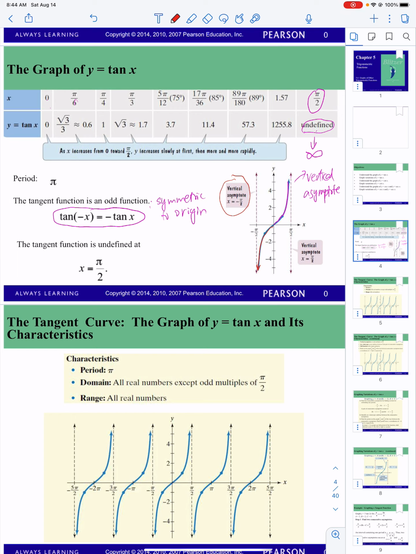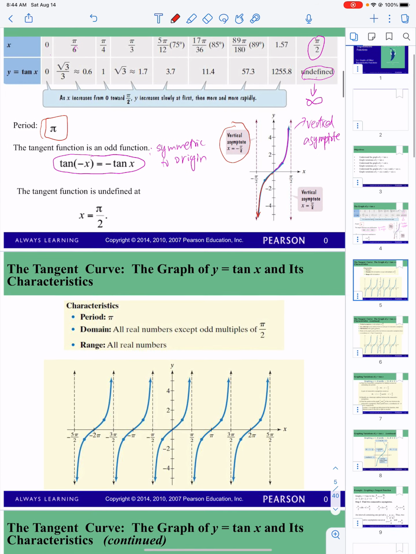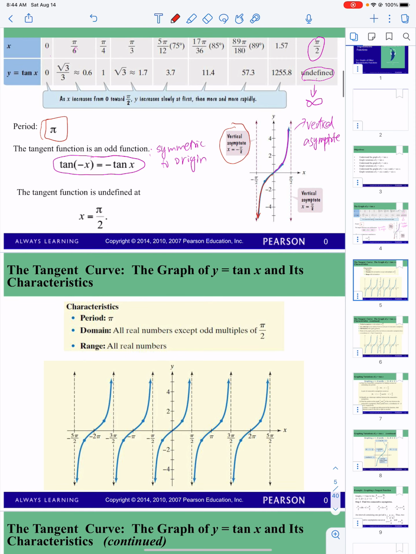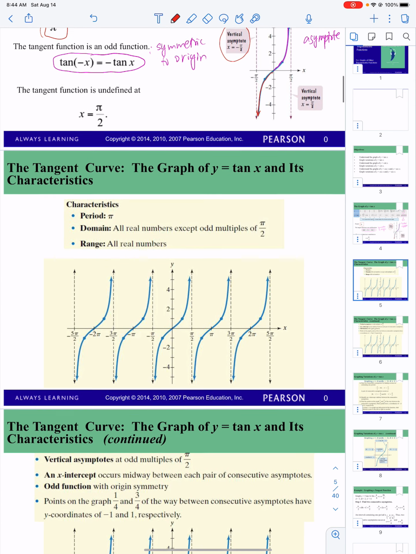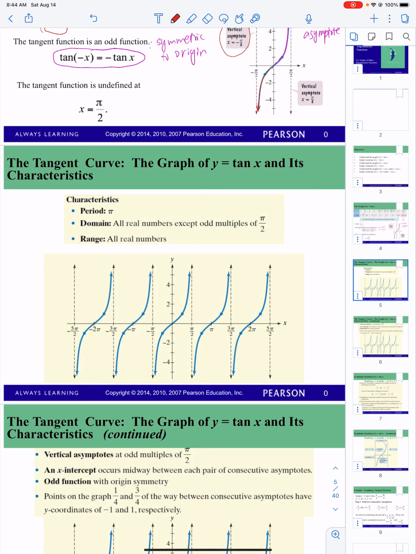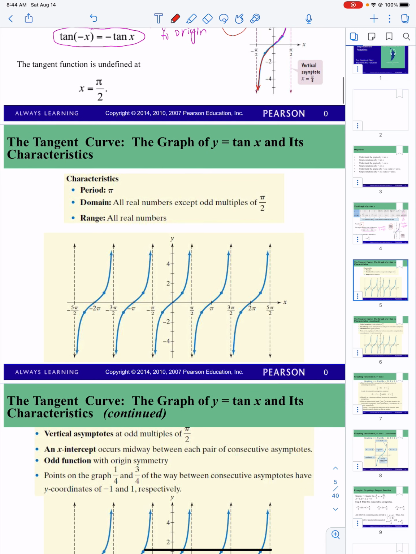And the period of tangent x is pi. So what does this mean, the period? It will repeat. So this will be the picture of tangent x.